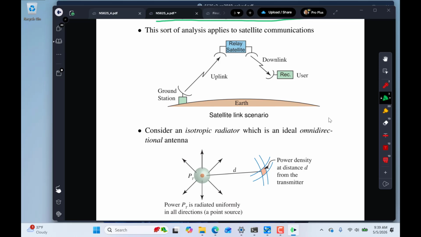So what does a point source do? It creates what type of a wavefront? Think back to physics. Is it a spherical wavefront? Is it a conical wavefront? It's spherical, right? It's just radiating a spherical wave in all directions.